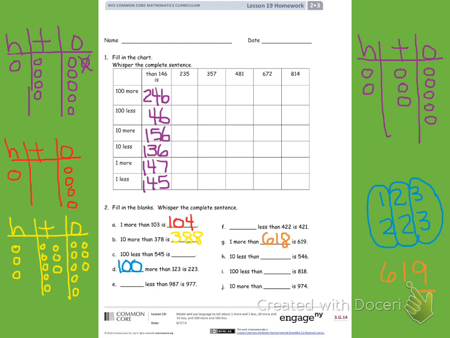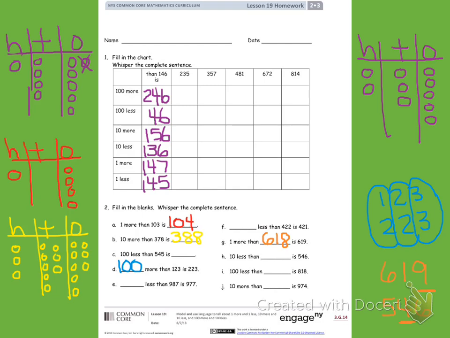Look at item H. 10 less than 546. 10 less than what is 546? So here's 546. The only number they changed was the number in the tens place.